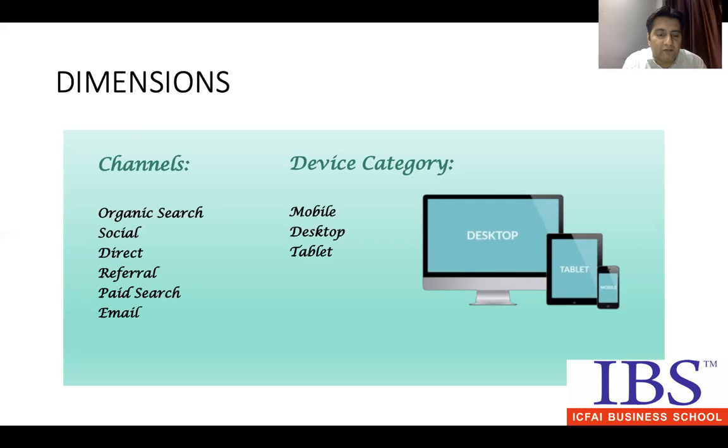Email marketing: for each email campaign, we can have a separate referral link or landing page, through which we can track which email campaigns are getting good traffic to our site. Then in category we can see desktop or laptop, mobile and tablet.